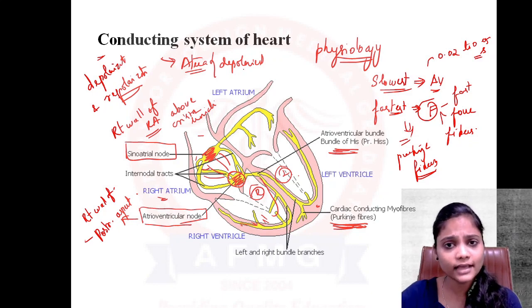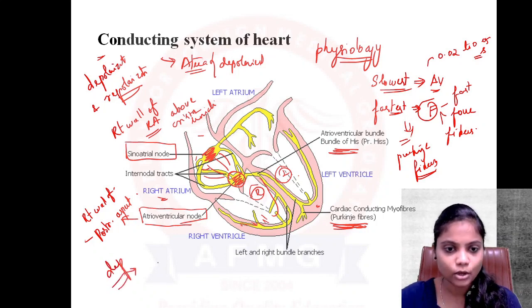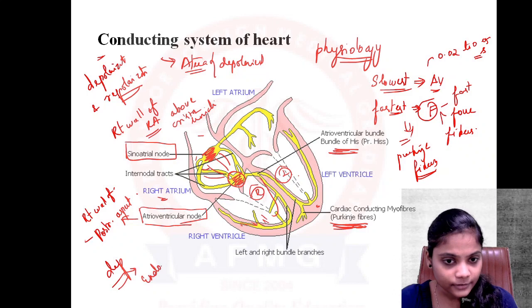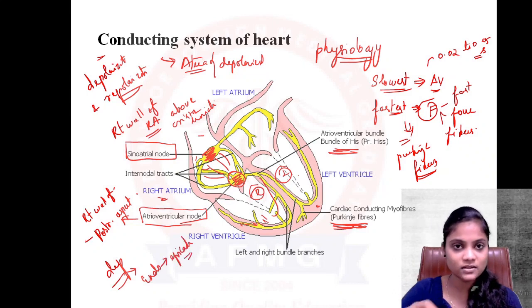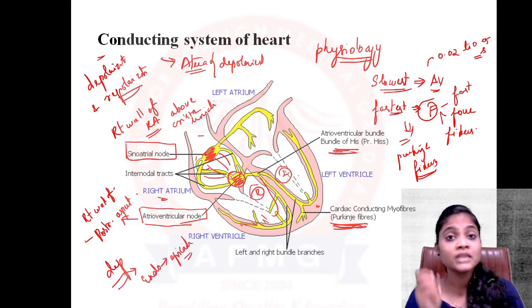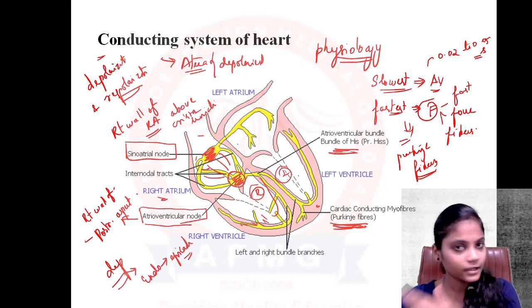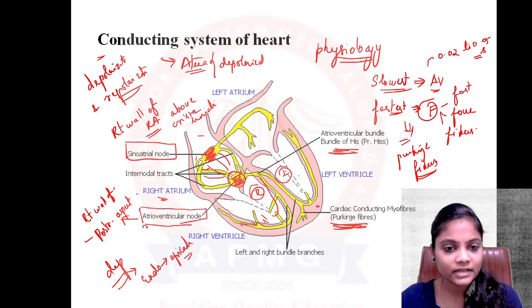If they ask, depolarization happens from endocardium to epicardium. Please remember that. Depolarization means the impulse generated from your SA node passes on to the AV node, and when it gives a deflection, that deflection will be from endocardium to epicardium. What about repolarization?